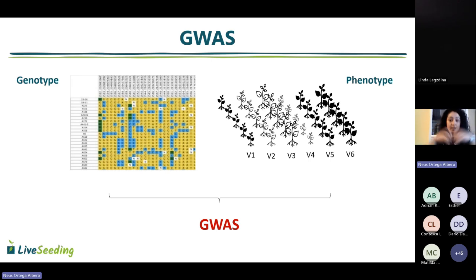We need to gather this information together to find if there are regions in the genome that differ between varieties with different phenotypes, that is, the regions that make these phenotypes different within the population.